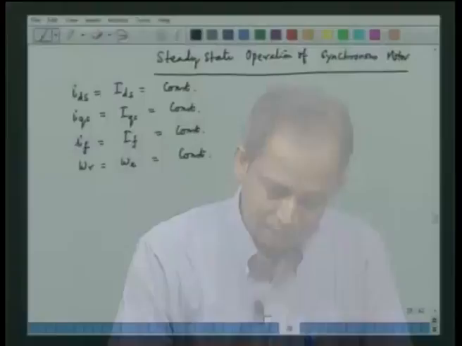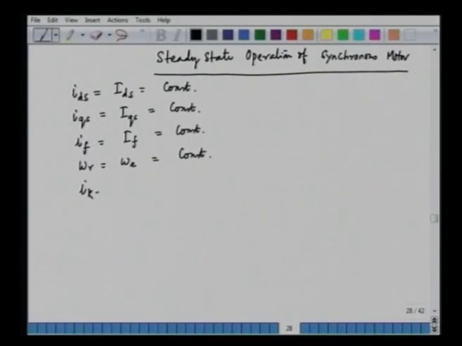So, we can assume here that Ikd and Ikq are 0, and under this condition we had evaluated the torque in the last lecture, which is the steady state torque of a synchronous machine, and we can express this steady state torque in the following way.